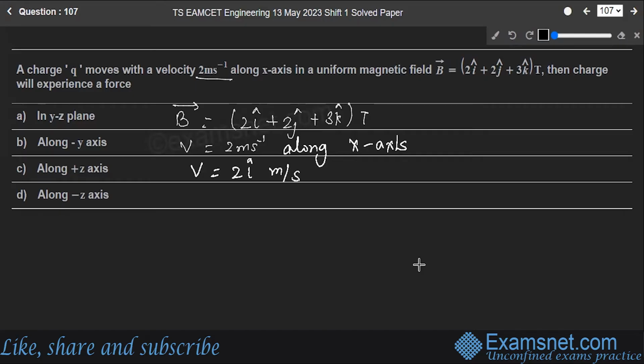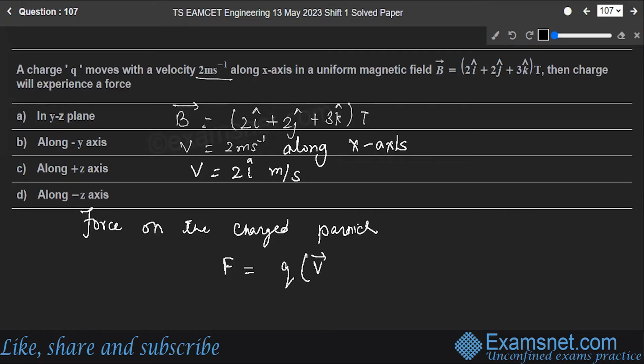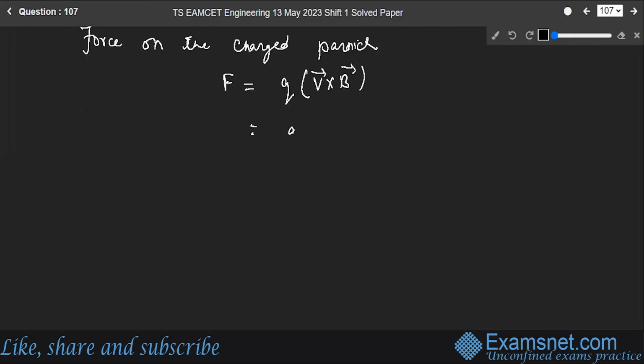Now you have to find out the force. Force on the charged particle is given by F is equal to Q into the cross product of V and B vector. So this is Q, this is 2i cross 2i, 2j, 3k.